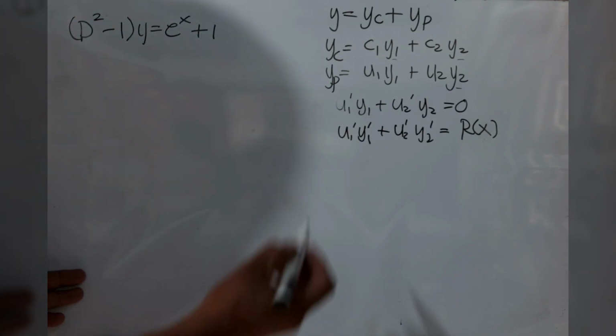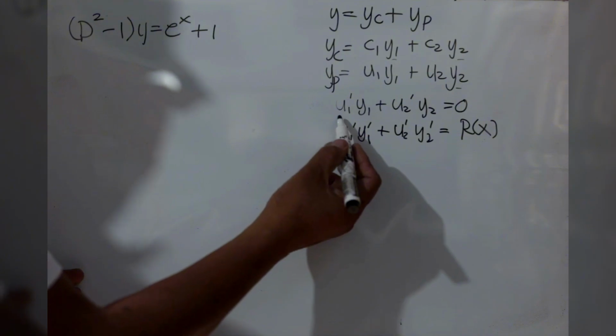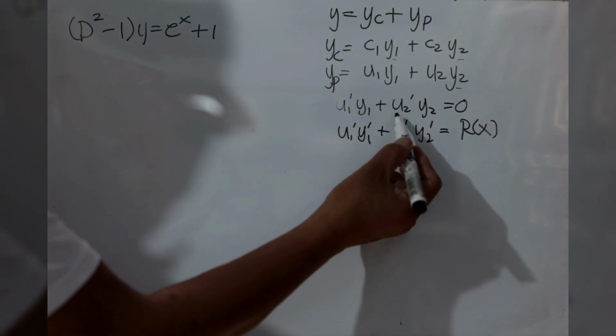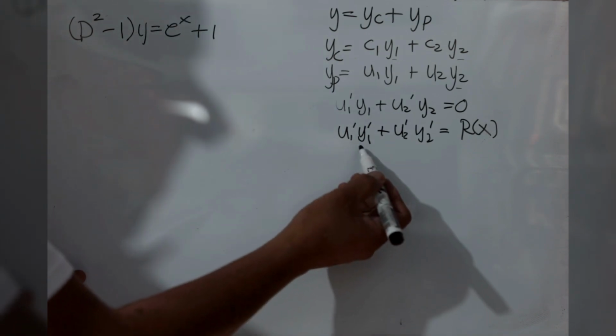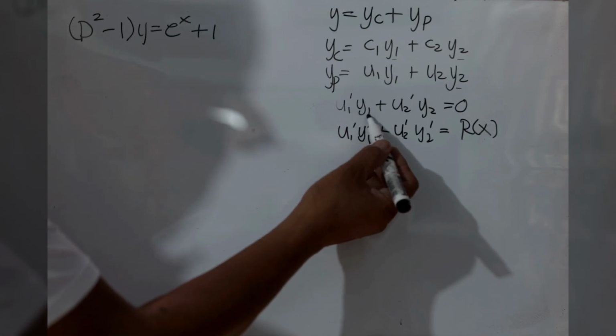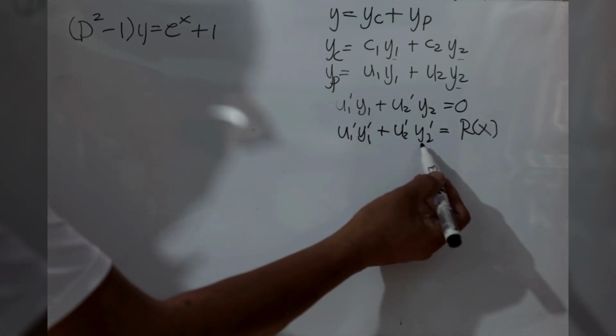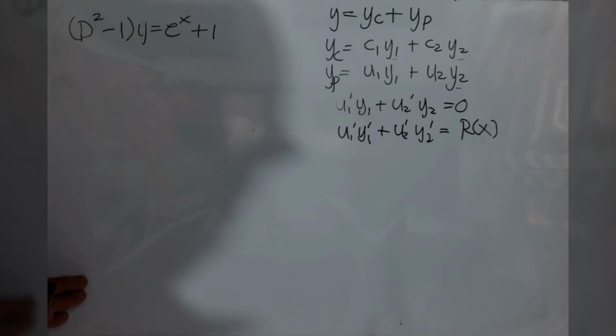Here u sub 1 prime is the first derivative of u sub 1, u sub 2 prime is the first derivative of u sub 2, y sub 1 prime is the first derivative of y sub 1, and y sub 2 prime is the first derivative of y sub 2.